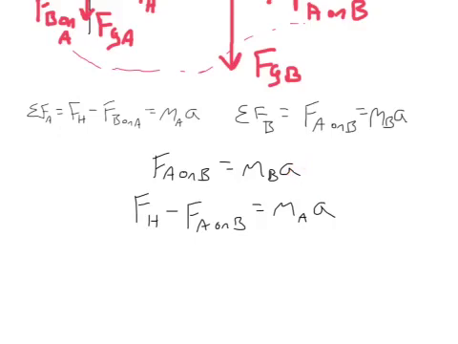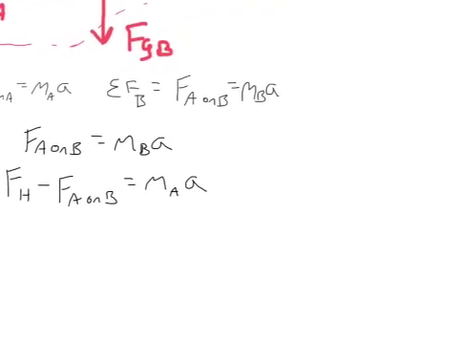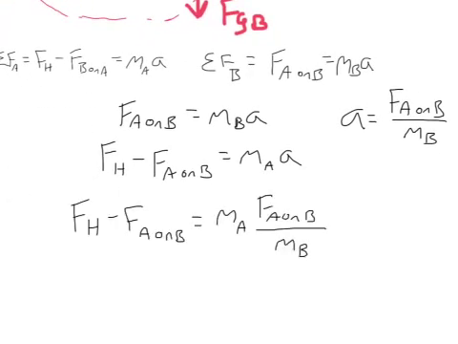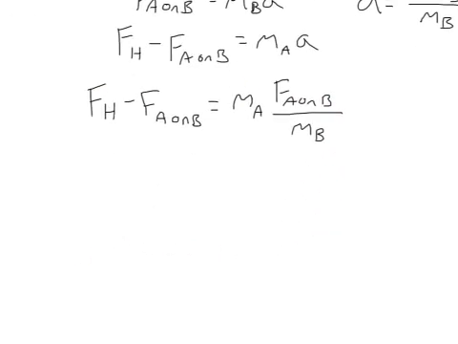From this first equation, our acceleration can be solved to be this right here. And so what we can do is take this and substitute it into our other equation, which will give us this right here. So now we can plug in our values and begin to solve.